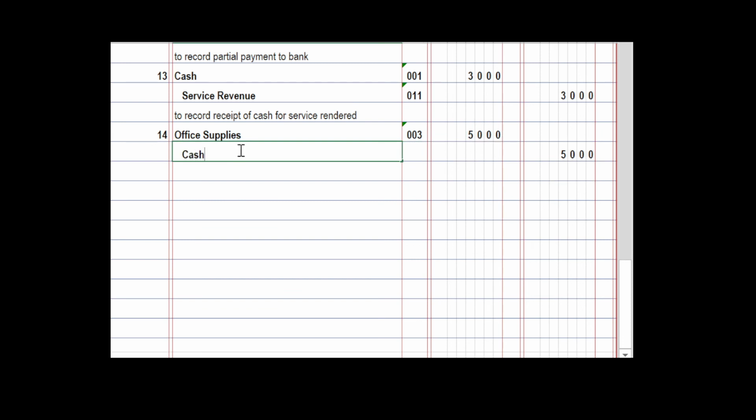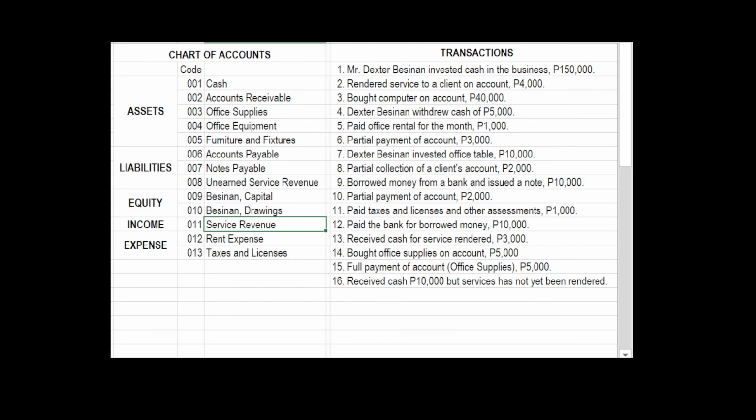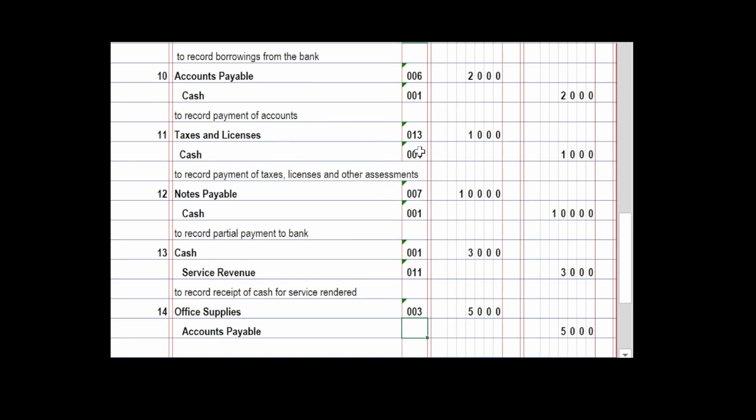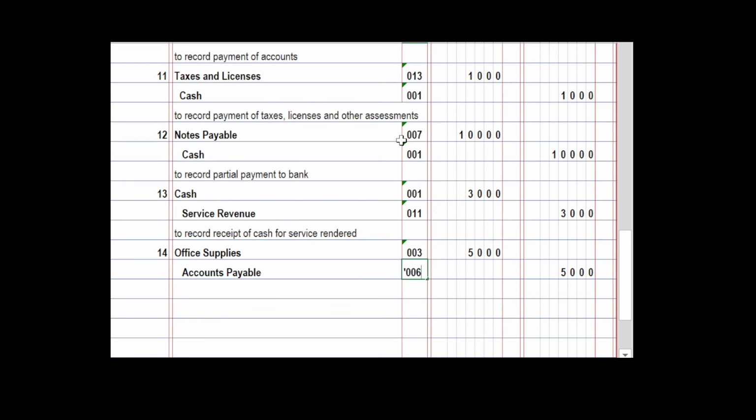And then credit tayo ng, ano ba sabi? On account. On accounts, ibig sabihin accounts payable. Yan. Accounts payable tayo, 006 of 5,000 to record purchase of office supplies on account.